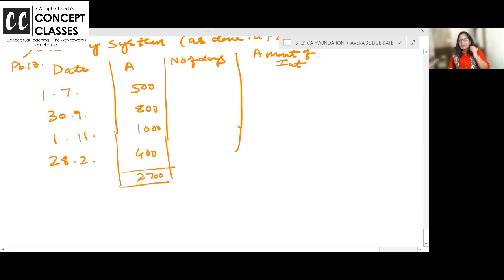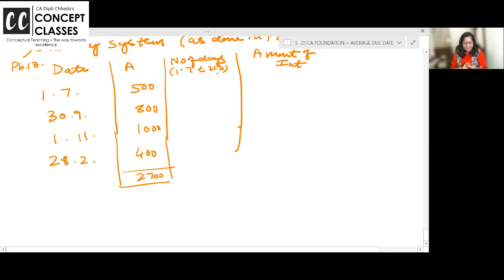Now, number of days from 1st July to 31st March. If you want, you can write it for the first one. A, you have withdrawn 500 rupees from the firm from 1st July, so we'll charge interest for all these months or days. We are doing it in days. So pick up your calculator.